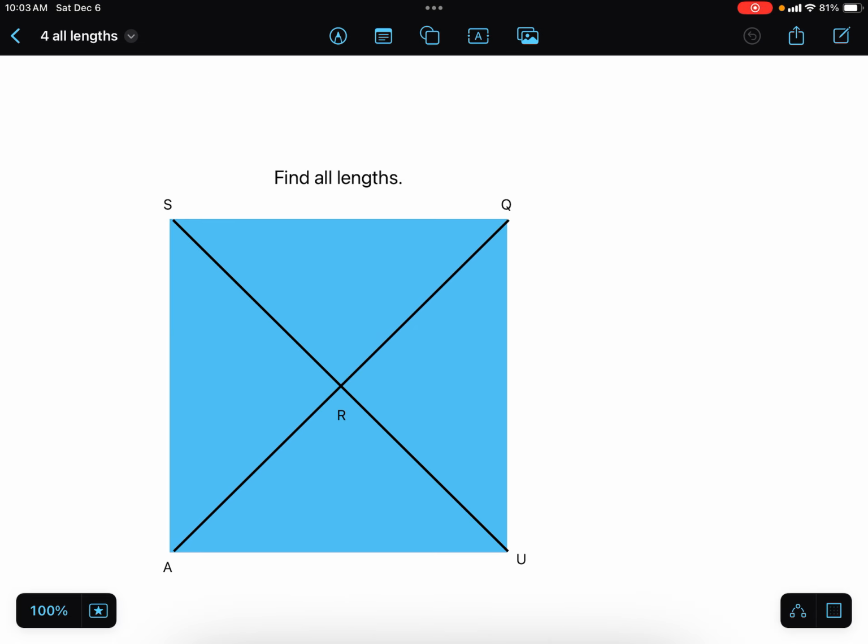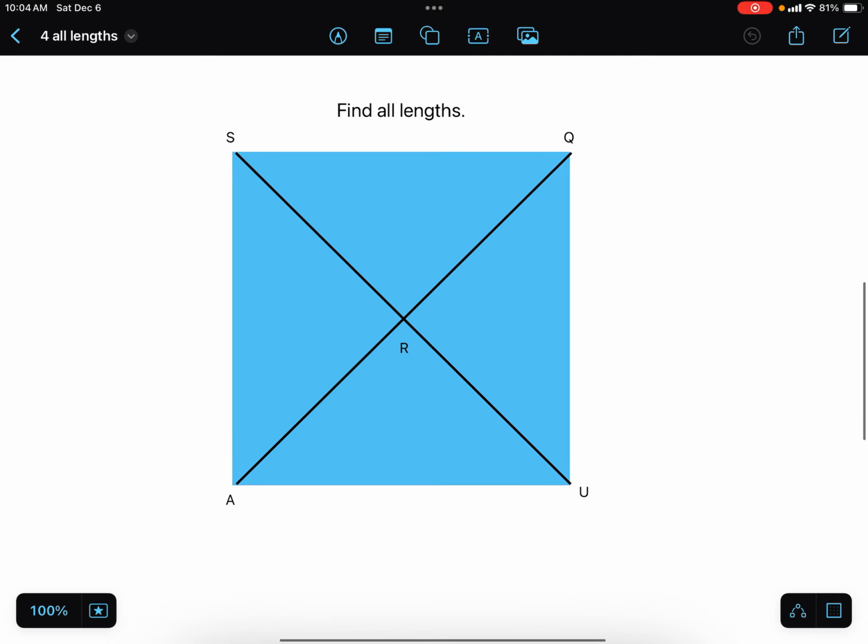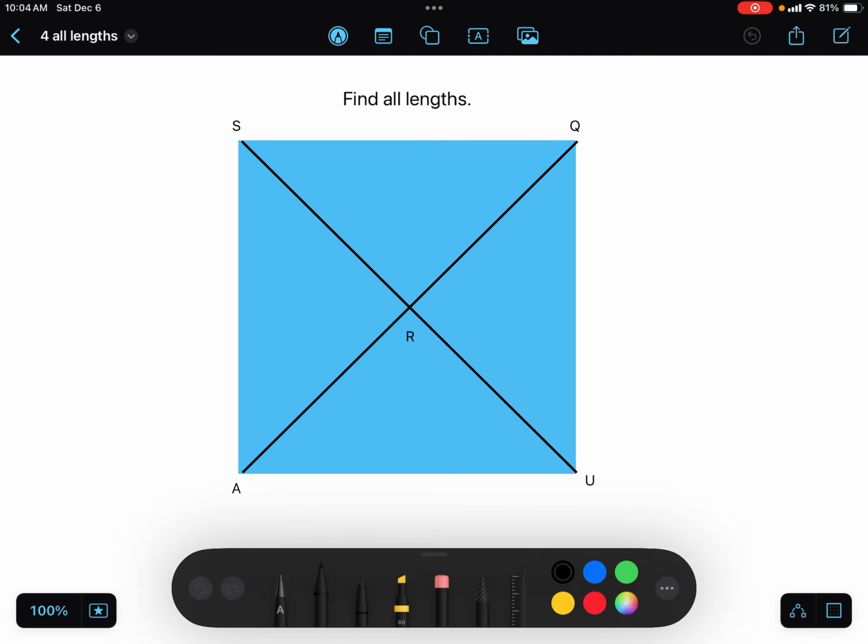Now, just for fun, I'm going to give you this length here as 6. And we're going to find every other length in this triangle.